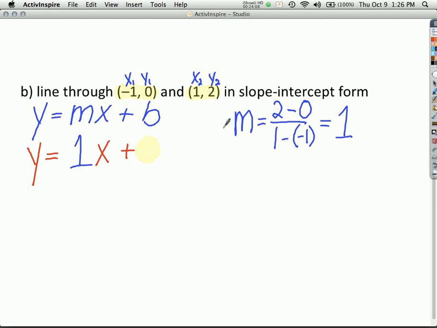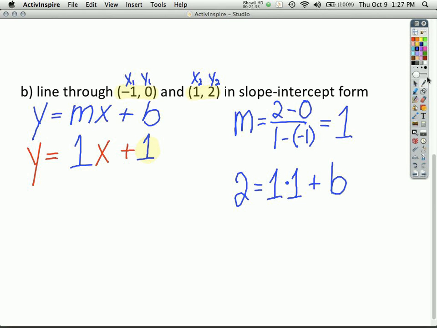So 2 equals 1, that's the slope, times x, which is 1, plus b. Solve for b. What is it? Kayla? You agree, John? Yeah, it's 1.